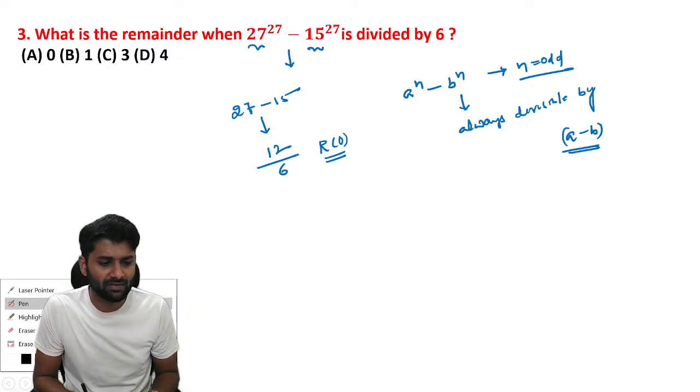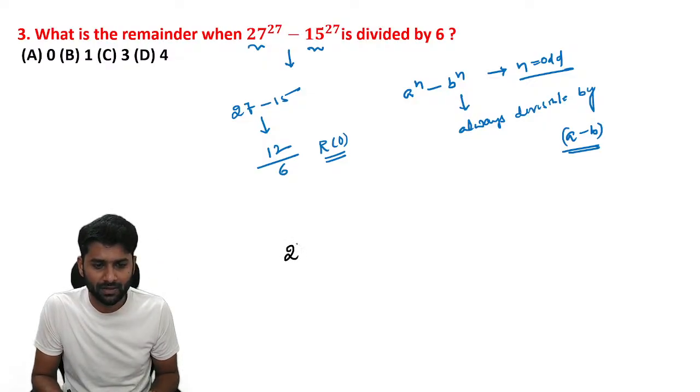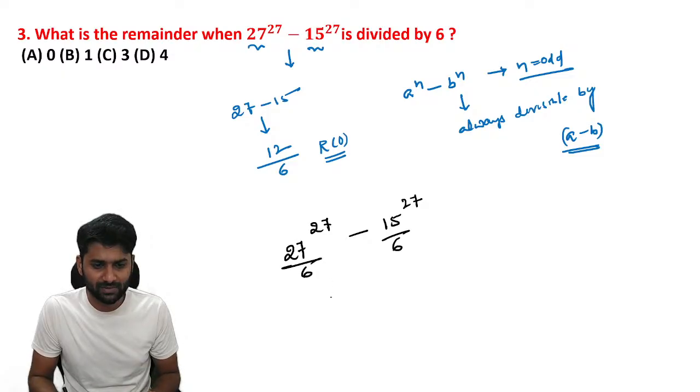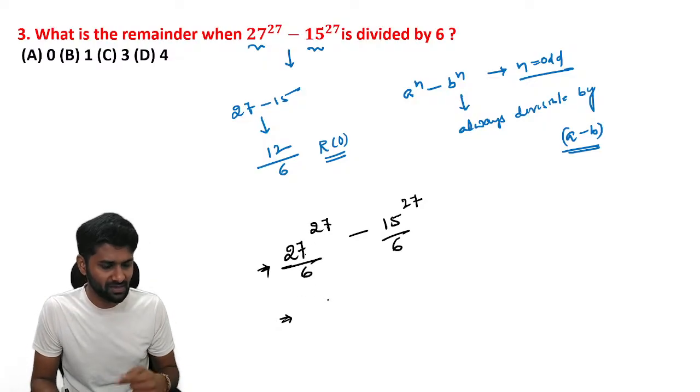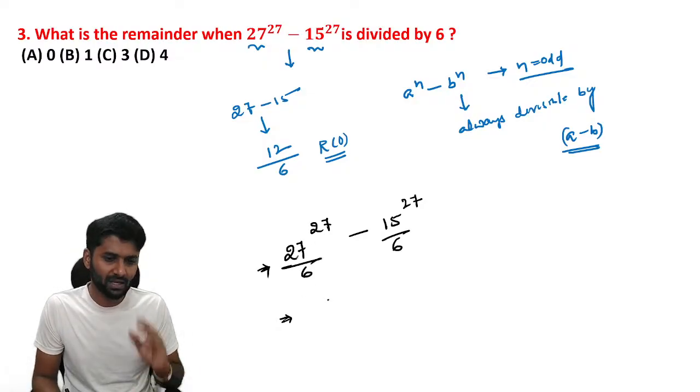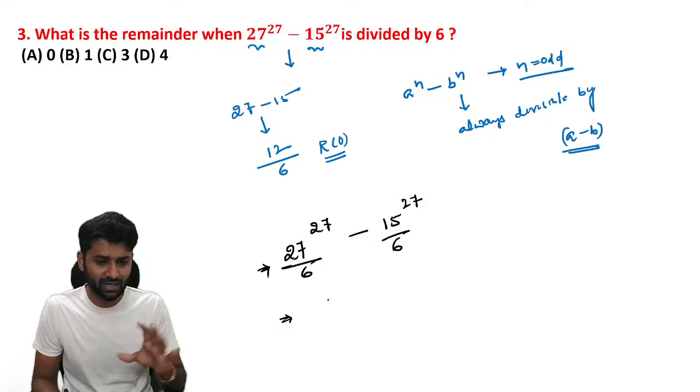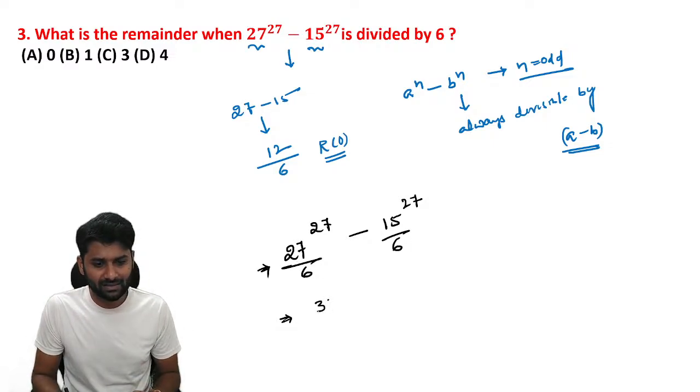If you want the procedure, I will help you out. For example, 27 power 27 minus 15 power 27, now you have to divide it by 6. Now go through the next step. 27 is divided by 6. 6 fours are 24. Then see, 27 is repeated 27 times, and every 27 is divided by 6. How much remainder will you get every time? Exactly 3, and the 3 is repeated 27 times.